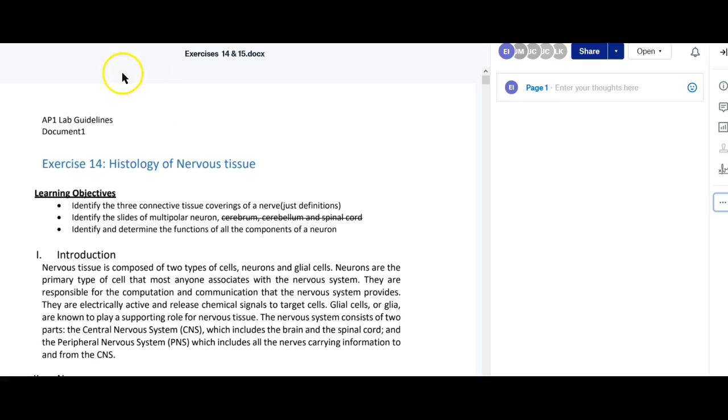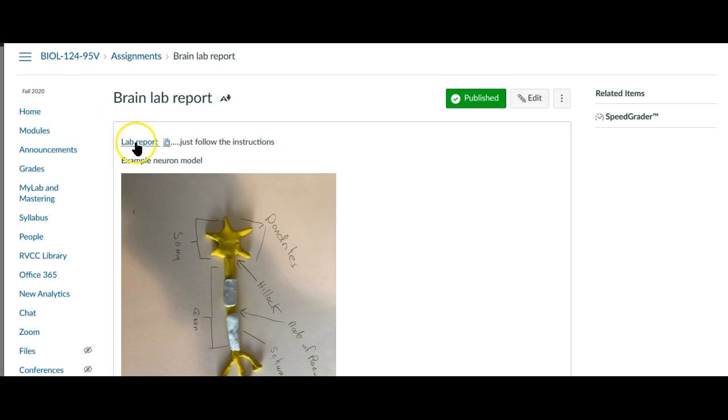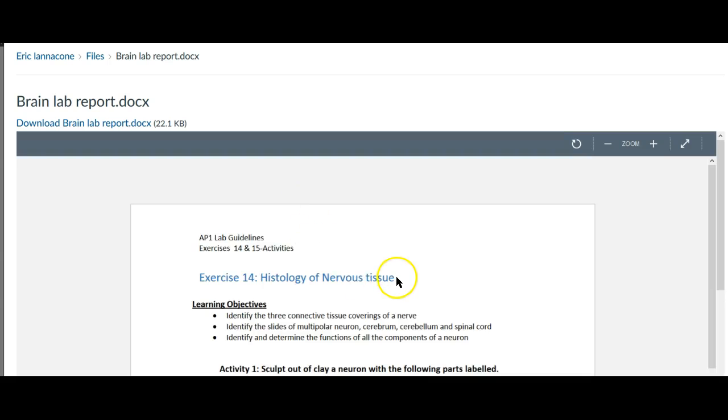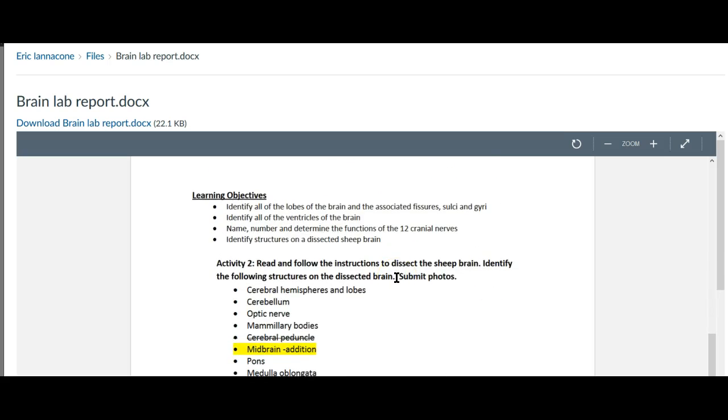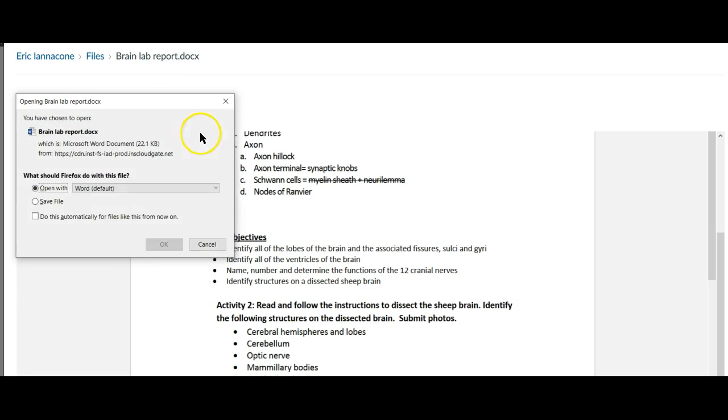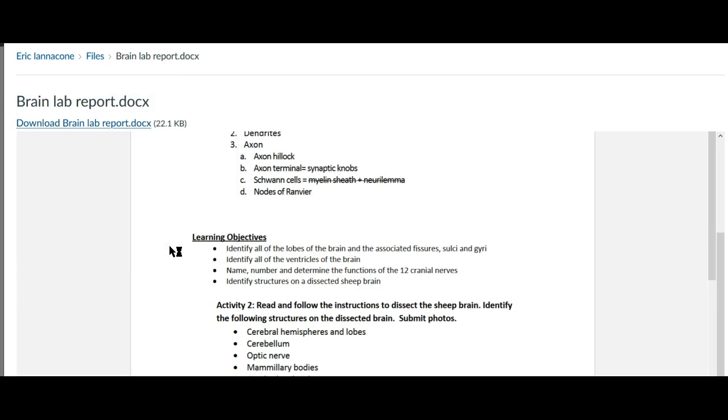Let's see, lab report. Where did it go? I thought I opened it. Apparently I didn't. Let's open that lab report. Here it is. Oh, I see. It won't let me scroll up to the top. That is so strange. Fine, we'll just open it.